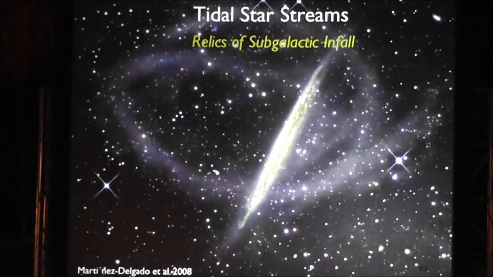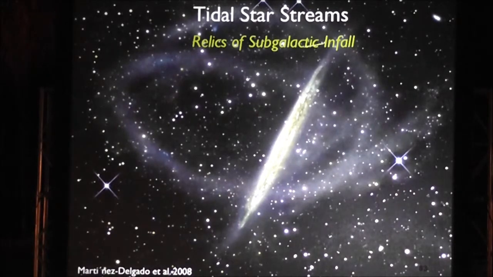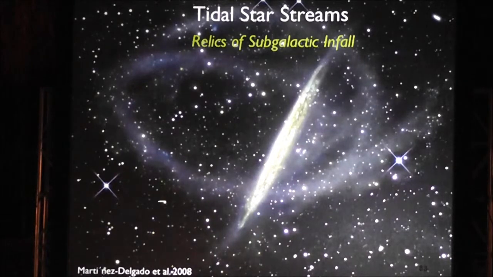This is a beautiful image of what we believe to have been a dwarf galaxy which fell into this large galaxy and produced this stream of debris. This is stellar debris, and all of the information we have is imaging. We would like to be able to take a spectrum and tell how fast the stars are moving and what their spectral content is in terms of how old the stars are.